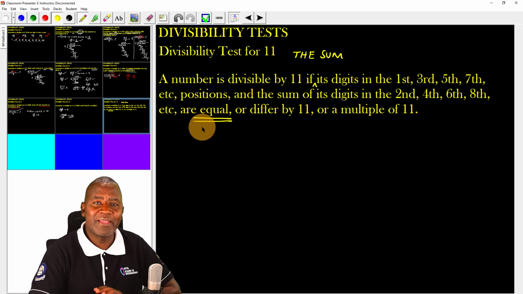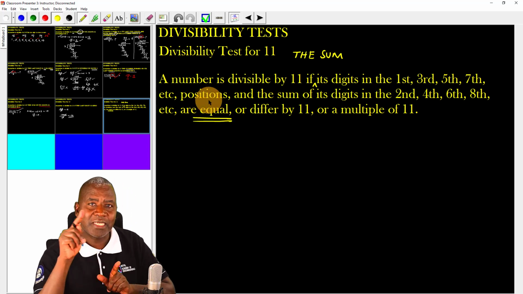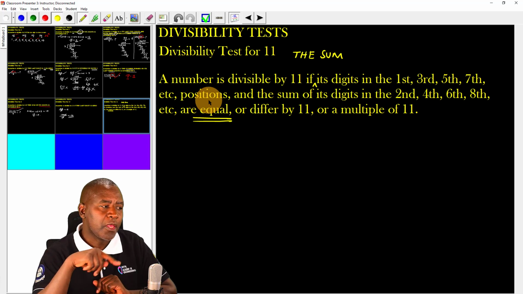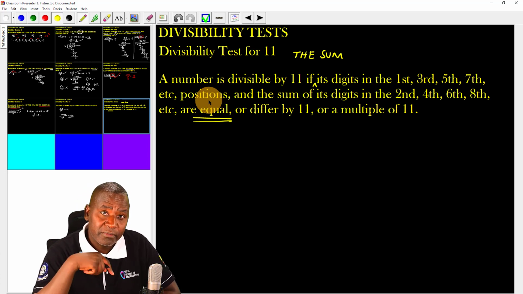So if you compare the sums, you find that this sum is equal to this sum, or they differ by 11, or they differ by a multiple of 11.